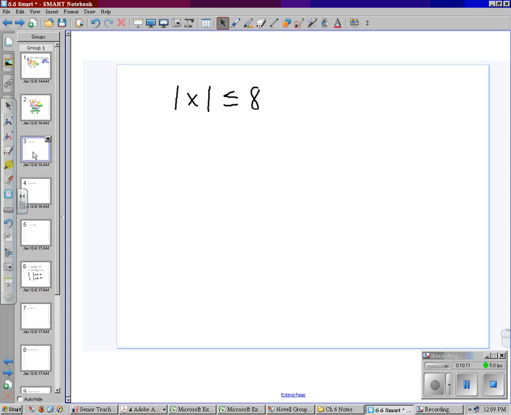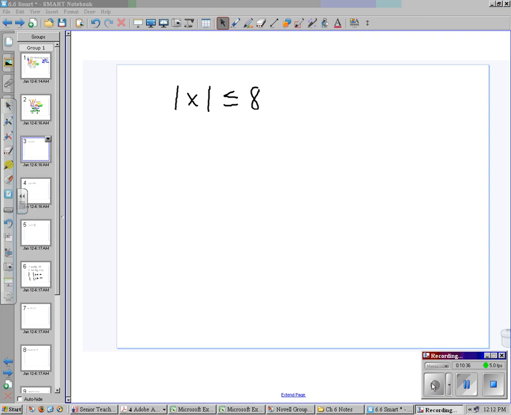Well, all we're going to do is set this up. I did the absolute value bars all by themselves, less than or equal to 8. Is it an and or an or statement, first of all? And statement. Okay, once you jot down what you think are the two inequalities that you're going to have with the word and in between, then I'll help teach you how to put them together.